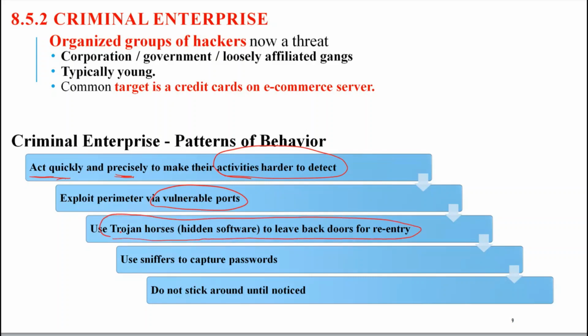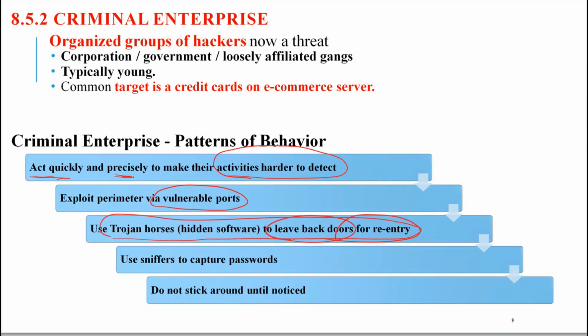In the previous slide, in the hacking pattern, we discussed remote administration software like Dameware. Here the attacker is going to install hidden software called a Trojan horse in the target machines. This will leave the backdoor open for re-entry, so the attacker can enter the target machine anytime.